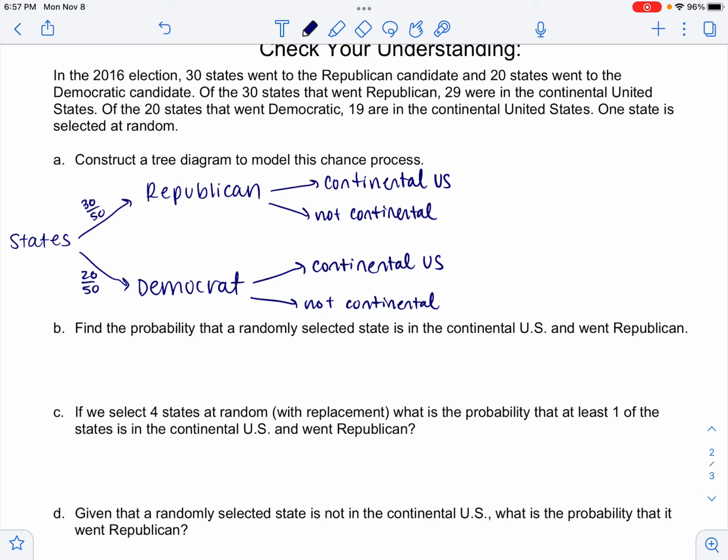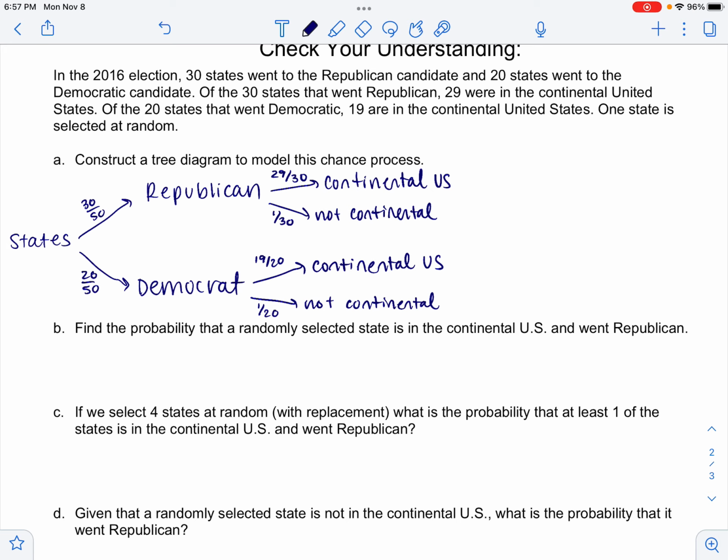Now for the Republicans, we saw that 29 out of the 30 were continental U.S. So that would be the probability here. And only 1 out of 30 for non-continental. And for the Democrats, it was 19 out of 20 and then 1 out of 20.